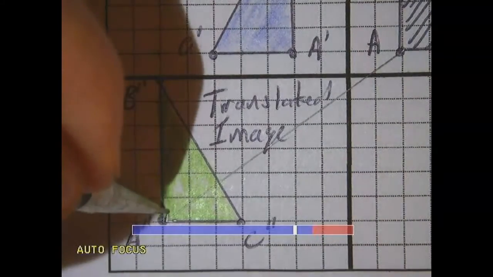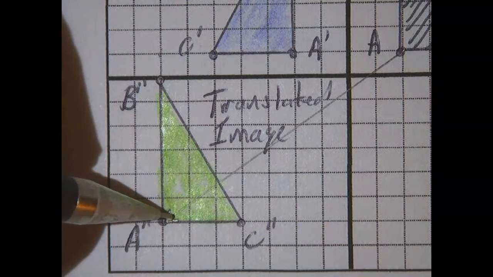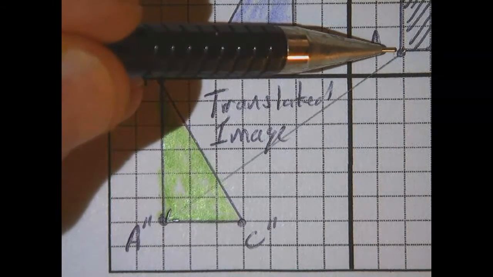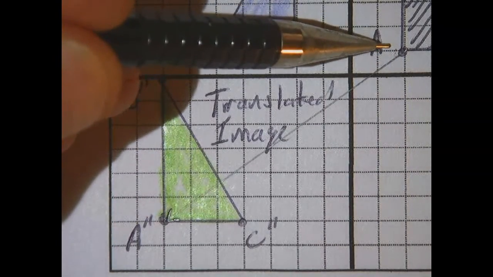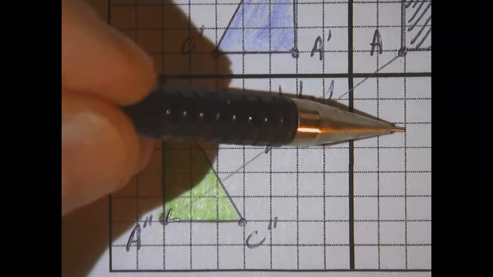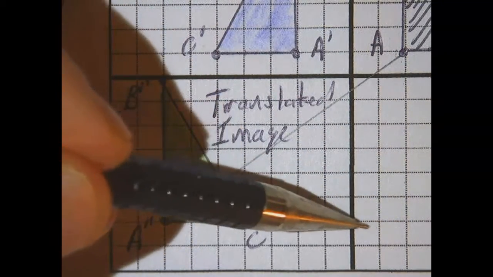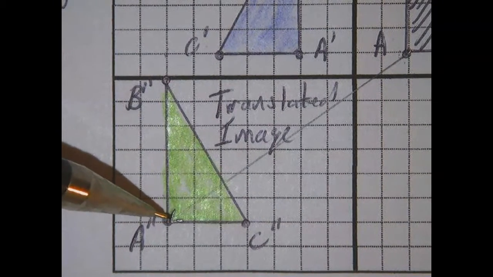That line with a little arrow at the end is really called a vector. Now if you look at that vector carefully, you can see that from the initial point of the vector to the final point of the vector, it actually went down 1, 2, 3, 4, 5, 6, 7, and it went over 9. That's the vector that's represented by this transformation.